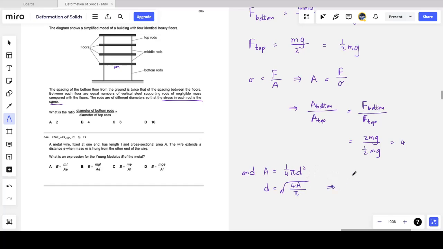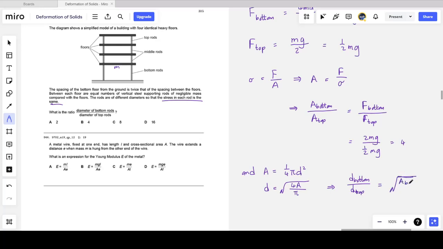You just double check my mathematics there, but this means that now if I want the ratio of diameters of the bottom rods to the top rods, which is what the question asks for, then this is the square root of the ratio of areas.